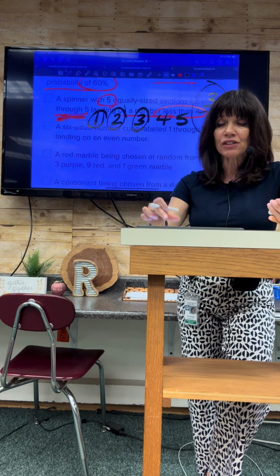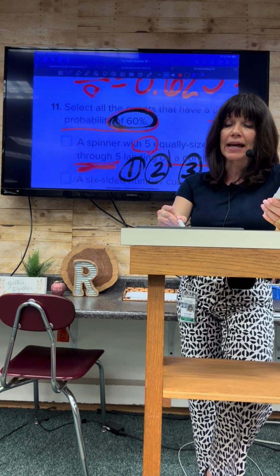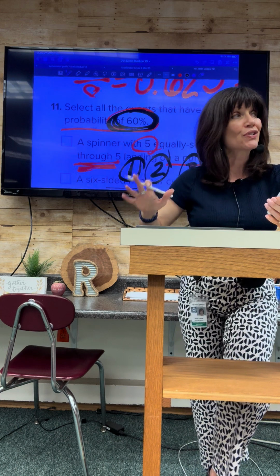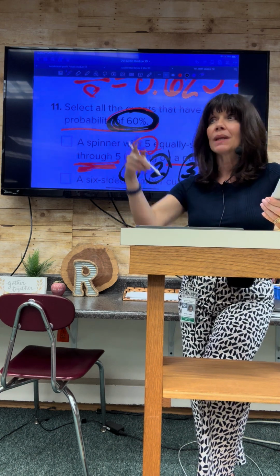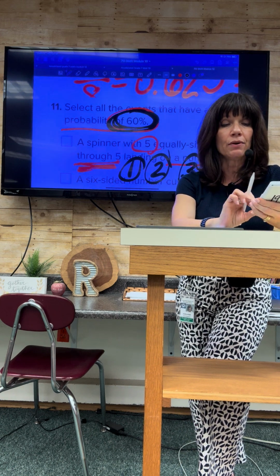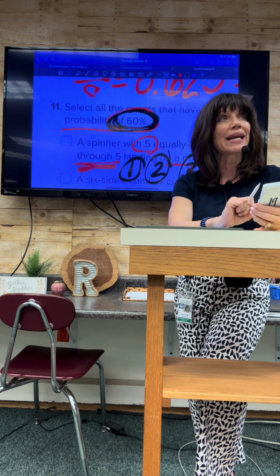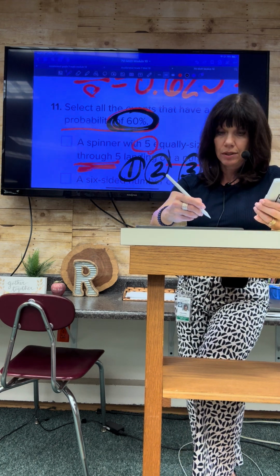Now, they asked us to find everything with a probability of 60%. They want percent. So what will I do next? Times 100 equaling, what do we get? 60%. So do we put a check mark here, yes or no?